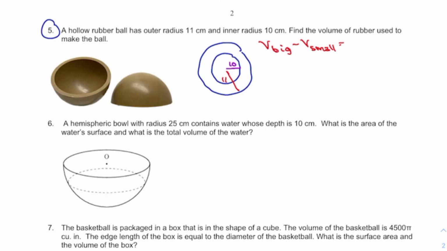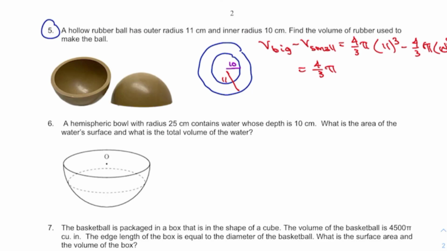And so I'm going to get 4/3 pi times 11 cubed minus 4/3 pi times 10 cubed. What I'm really going to do here is factor out a 4/3 pi.